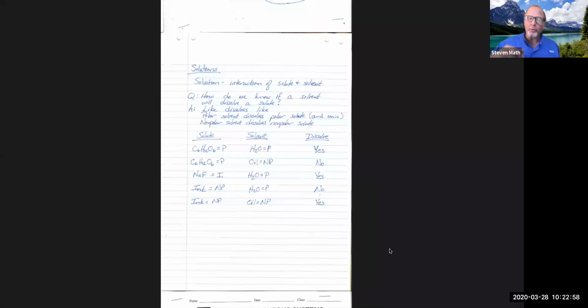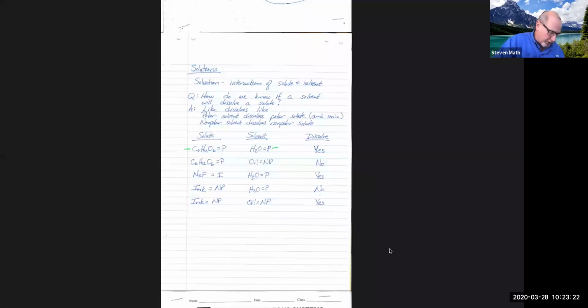Nonpolar things are going to dissolve nonpolar. And so we want to look at, will these things dissolve or go into solution? Will they exhibit the solvation effect? Well, if we have glucose in this first example, glucose is polar. Therefore, it's going to take a polar solvent of water, and that will dissolve.